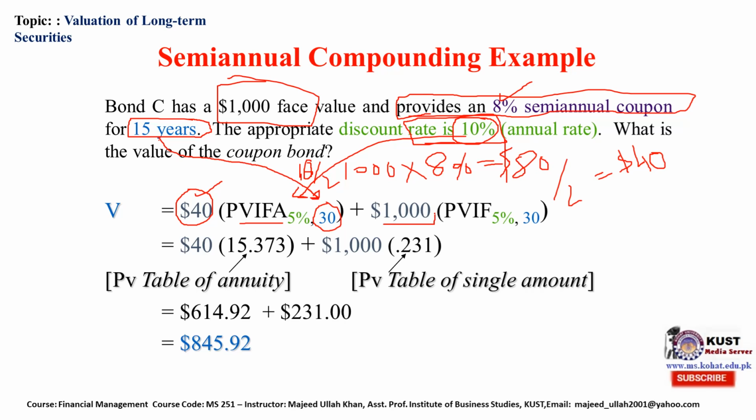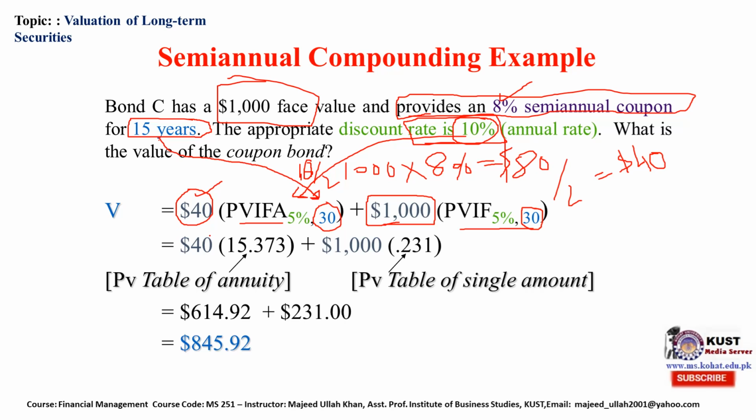This 1000 face value, we will receive after 15 years. But if we consider it as 6-month periods, we will receive it in the 30th period. So we will discount it as a single amount, using the present value interest factor for a single amount.